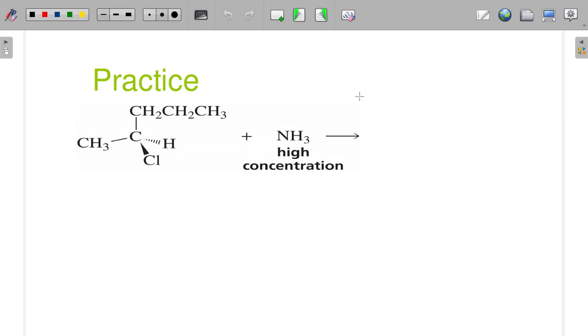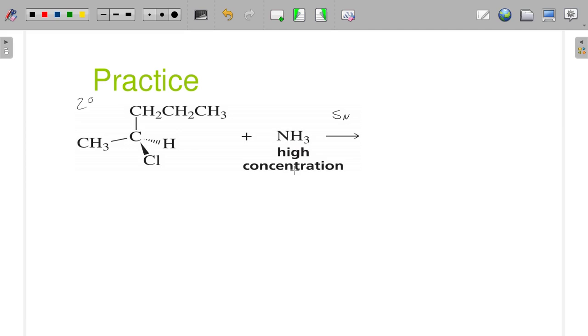Okay, let's practice some. All right, first of all, I have something like ammonia there, and I'm asking at first, what type of mechanism do we have, SN1 or SN2? Now, we know it's one of those two, and we have a couple factors helping us out. First, that's secondary, and we do have a base.